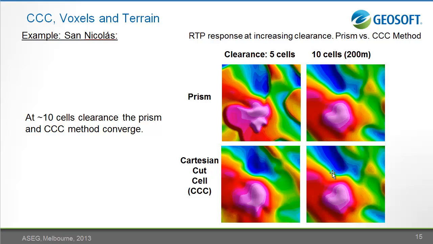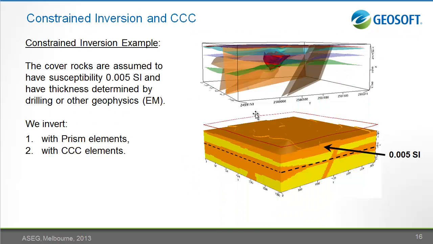Or very similar responses anyway. So this is confirmation both of the method and the argument that you really need to go about 10 cells up. You can see at 5 cells clearance you're still seeing a terrain artifact. Okay, so that's an example of the terrain response.